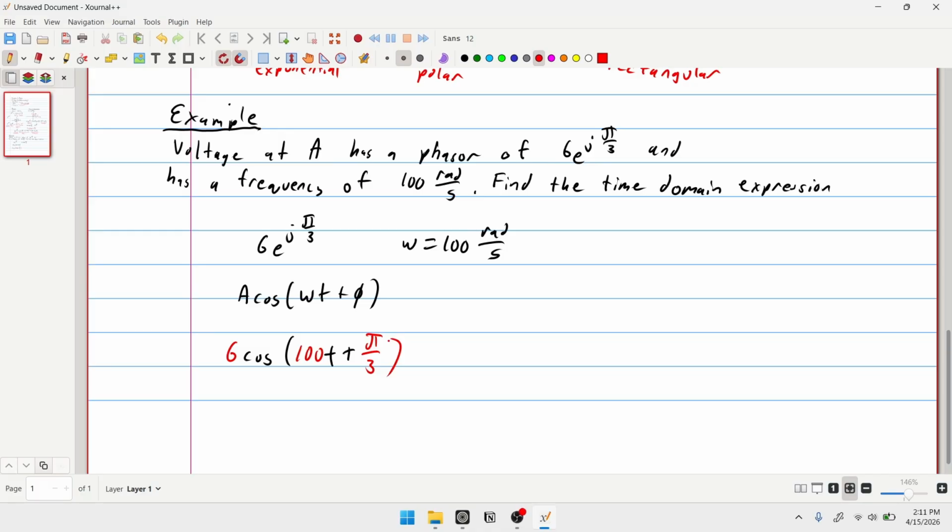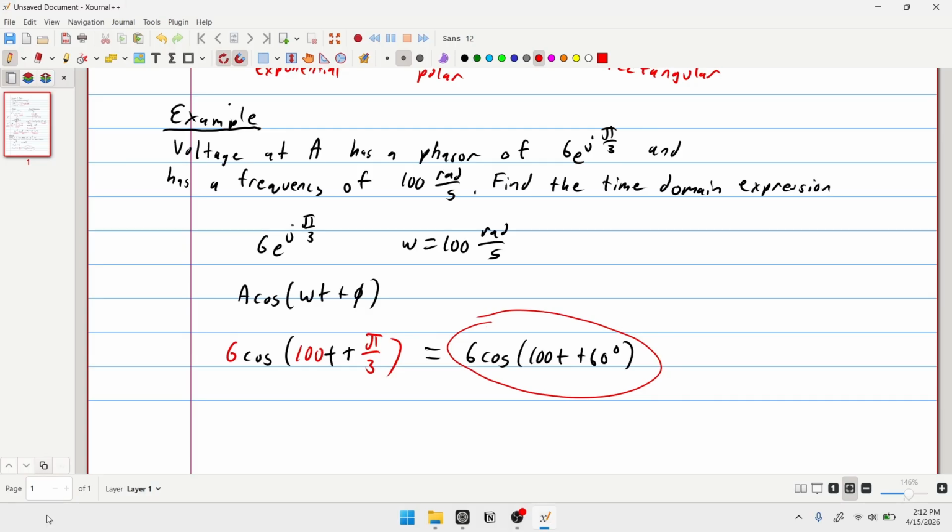Typically you'll see it written in degree form, so we can also write it like this, and this is our answer. Both of these are correct, but you'll typically see the phase in degrees.